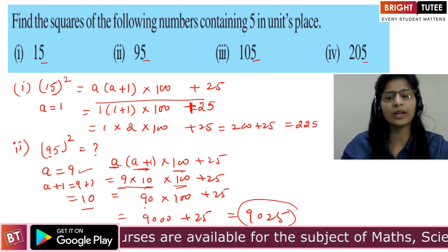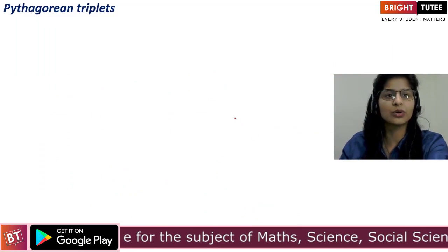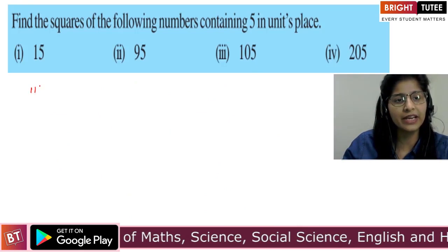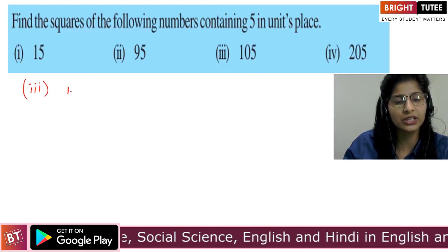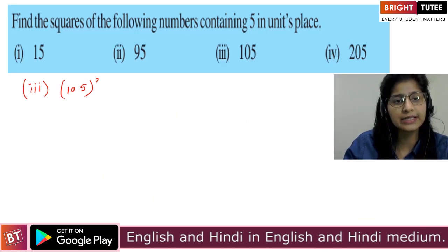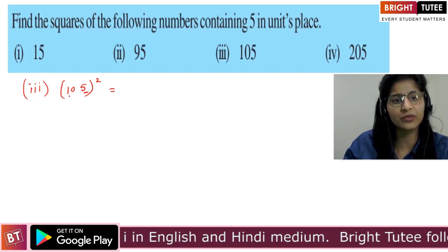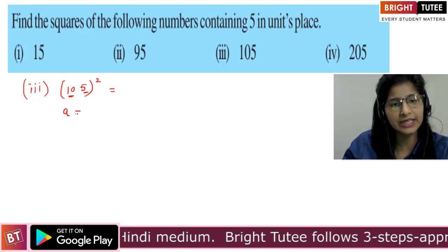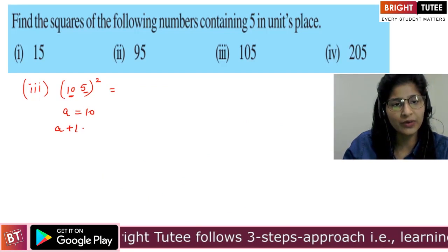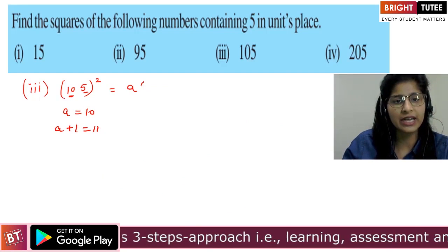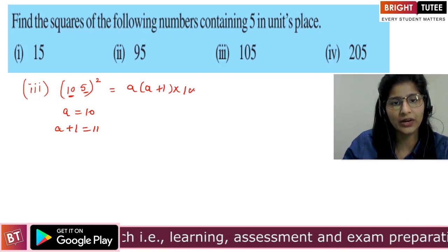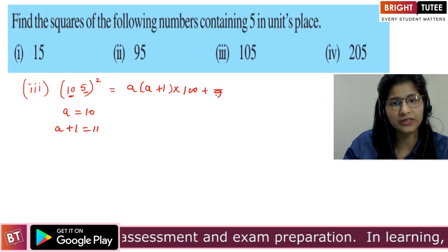Let us do with 105. For 105, which is the third part of the question, we know what is A, right? Leaving 5, what is left? A is 10 here. And what is A plus 1? It is 11. So we'll write A into A plus 1 into 100 plus 25.